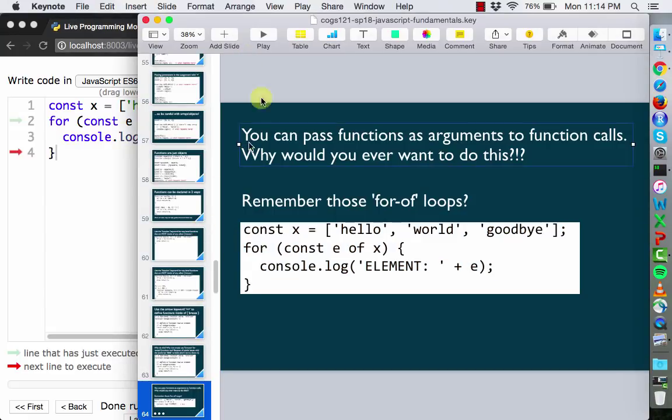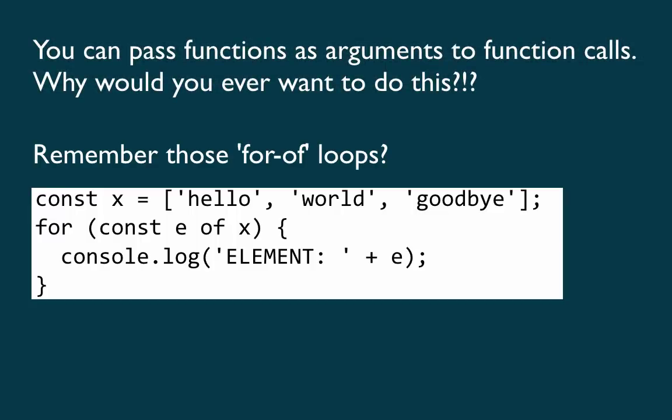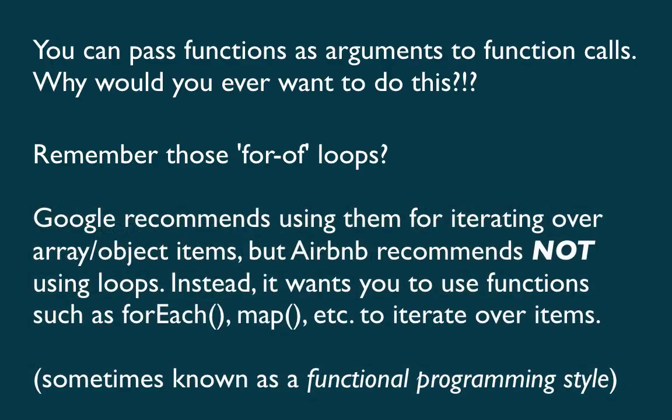It's perfectly fine. But there's actually another way that some other people recommend you to iterate. The Google style guide says use for-of loops. That's great. But the Airbnb style guide is a bit more restrictive. It says don't use loops at all. It wants you to use special functions such as forEach, map, and others to iterate over items.